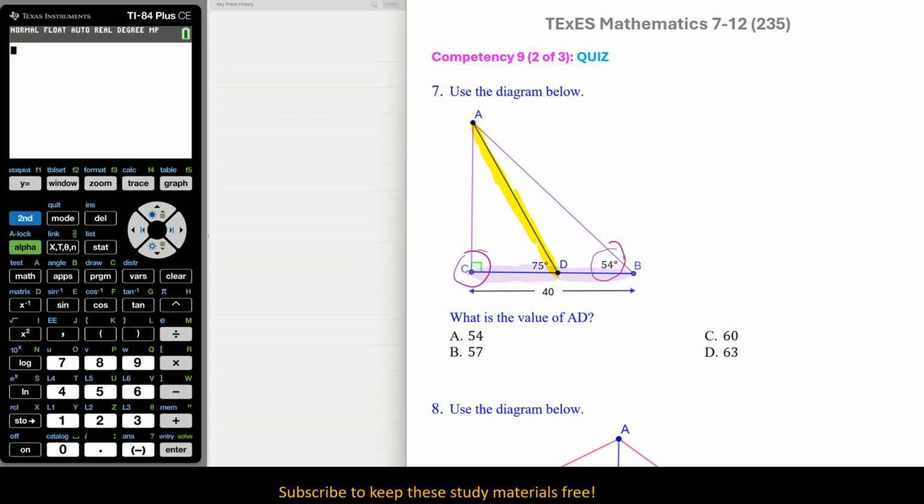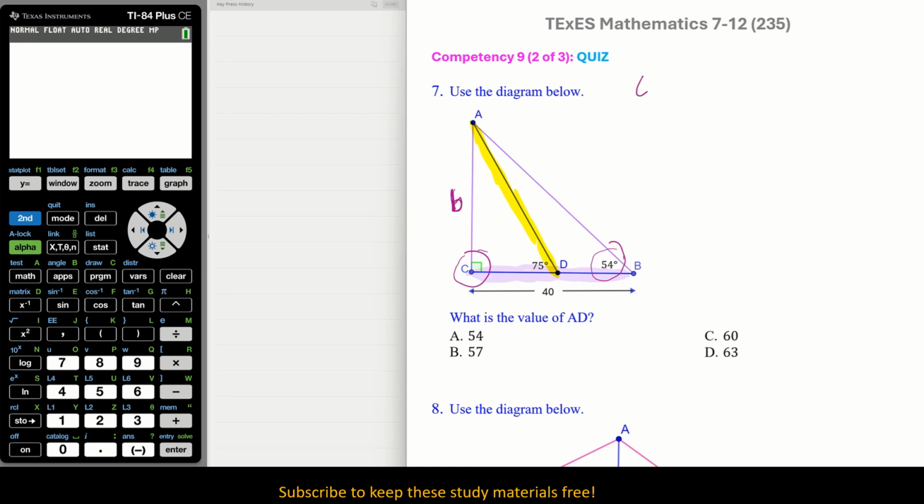So my thought is we could get this leg, and we'll call it B. We need that first. I'm seeing tangent because I see opposite over adjacent.